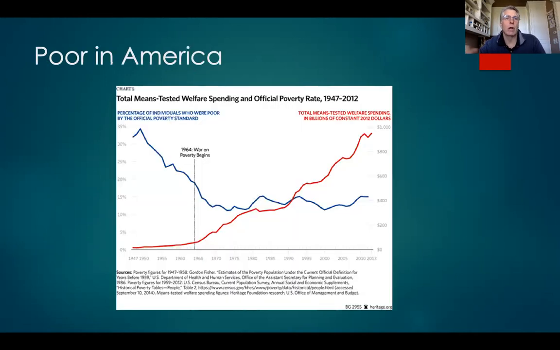Now, we're going to talk a little bit about the poor in America. It's interesting because in 1964, Lyndon B. Johnson began the war on poverty, right? That supposedly is like, hey, we went to war on poverty. So after World War II, we had a pretty high level of poverty. Our poverty rate was 35% right after the war. And then we started building the middle class. We put people back to work, rebuilding the world, right? That was our advantage, that Europe was destroyed. Japan was destroyed.